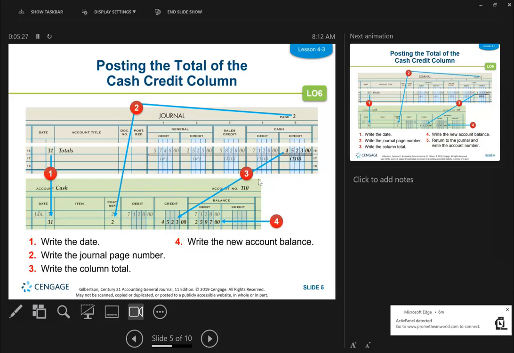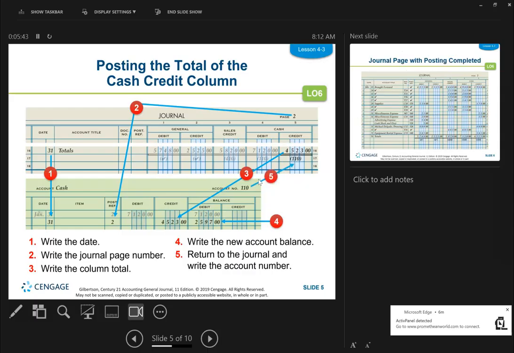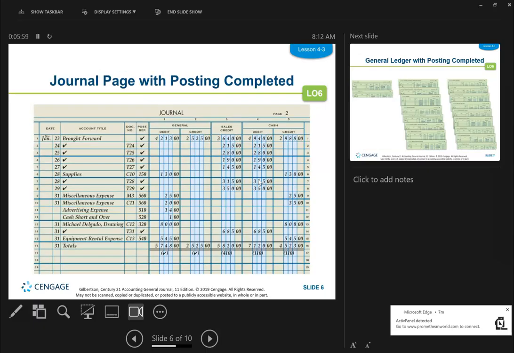Everybody's okay there? Again, you probably want a calculator to do the calculation because it's 8 o'clock in the morning and you're talking 4 digits, subtraction, carrying 10. And the last thing we do is record the account number back into the journal. Everybody's cool? Very similar workflow to the previous, recording the general credits and debits into the ledger.